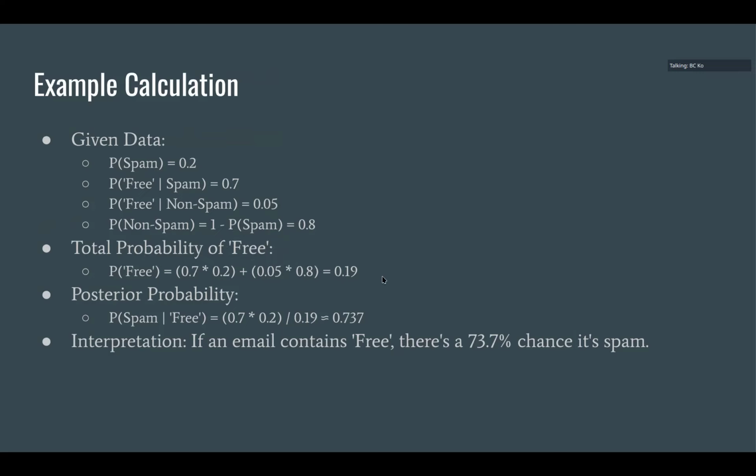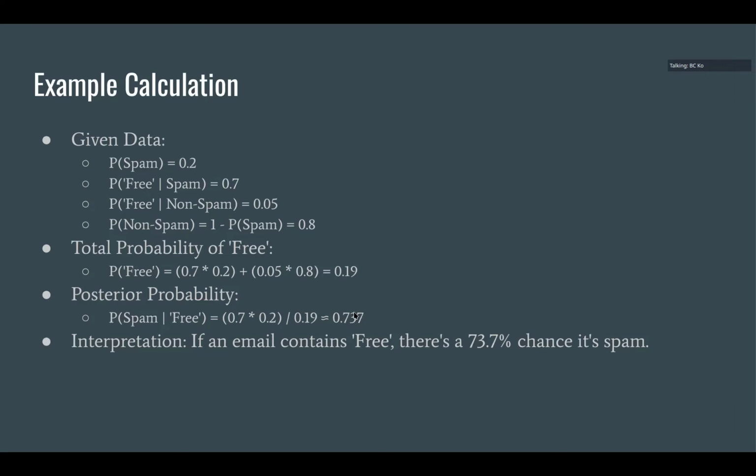Now we can use Bayes' theorem to calculate the posterior probability. So we are going to get the probability of spam given the email contains free, and it turns out to be 0.737.